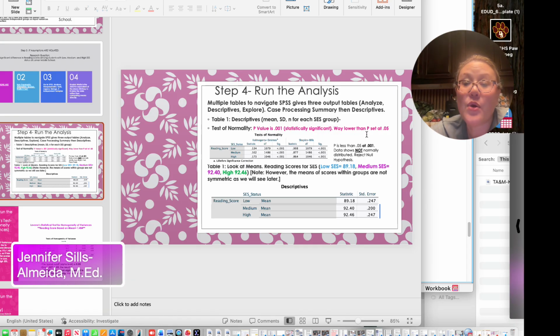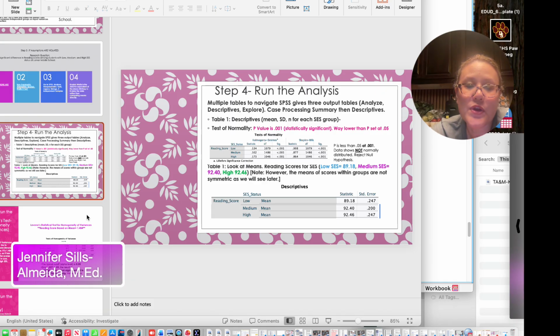It's way lower than the alpha set at 0.05, because 0.001 is lower than 0.05. What that means is that the data shows it's not normally distributed, so we have to reject the null hypothesis that there wasn't a difference. That is what that means.